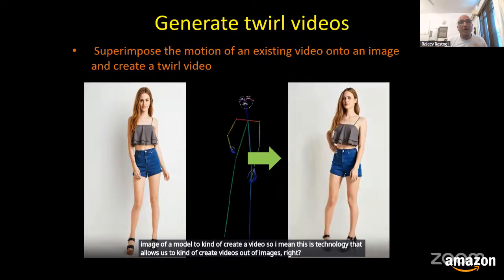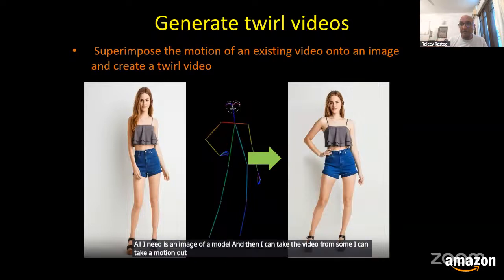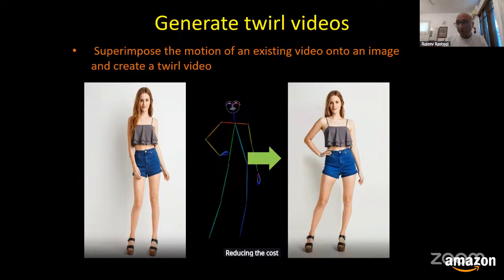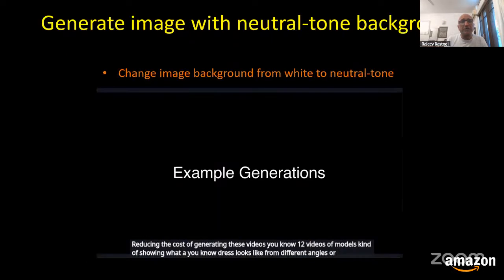All I need is an image of a model, and then I can take a motion out of a different video, and then combine the two to generate videos. Again, this is also a way of reducing the cost of generating videos of models showing what a dress looks like from different angles or turning around and so on.